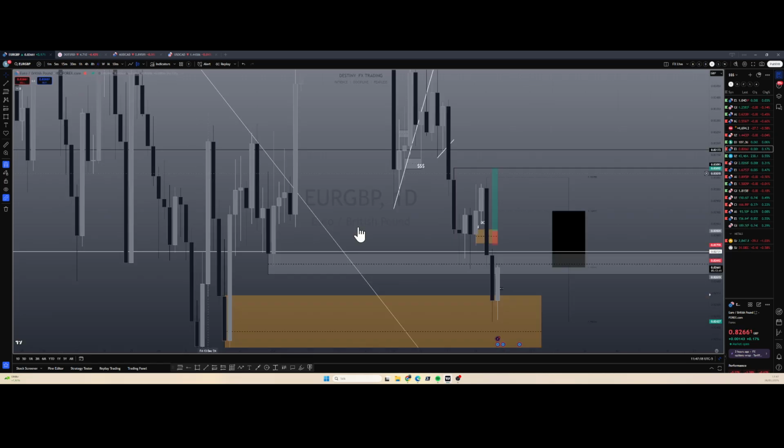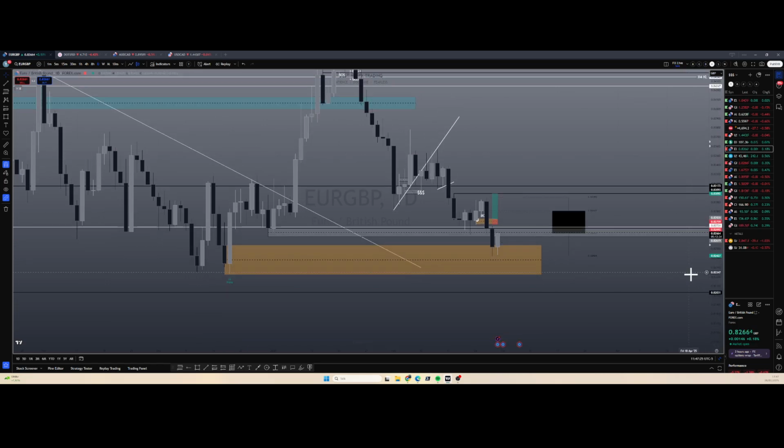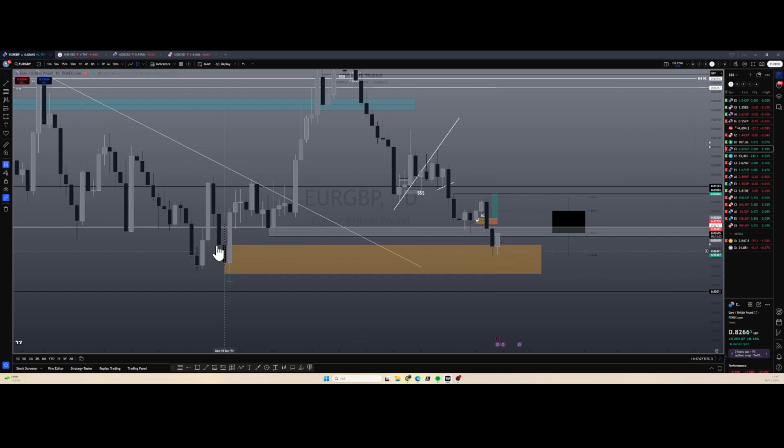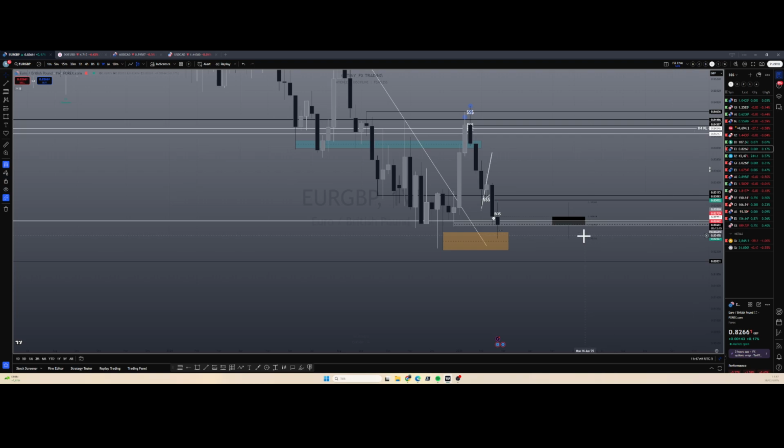Euro GBP has come down to its, how do you say, its last demand zone or last bullish order block, whatever you want to call it. This liquidity before pushing up is the last place where we were before pushing up here.